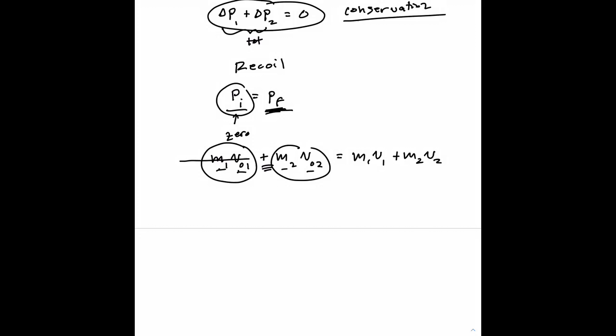Actually, I just thought of a better way to write this. I don't like having so many subscripts. So I'm going to replace the symbol v with u. From here on, u is going to be a symbol that represents initial velocity. Any speed that we know of before an interaction between the particles in the system, and v will be the symbol for final velocity.